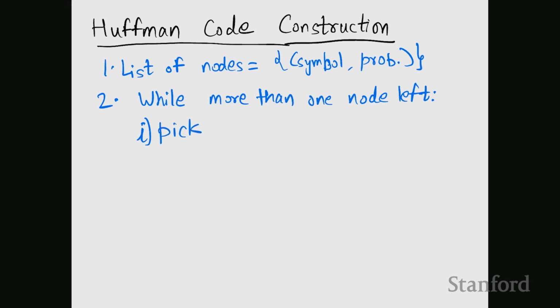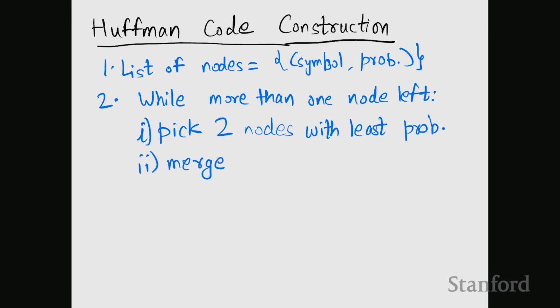You pick two nodes with least probability, merge the two nodes. And what does merge mean? And we'll look at an example. Create new node.